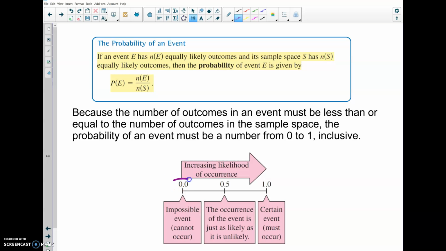So 0 would be if your event can't happen, and 1 would be if all of the events in your sample space are what you're looking for, so that would mean that there's a certainty, 100% chance. So that would be 1, and everything else in between there.